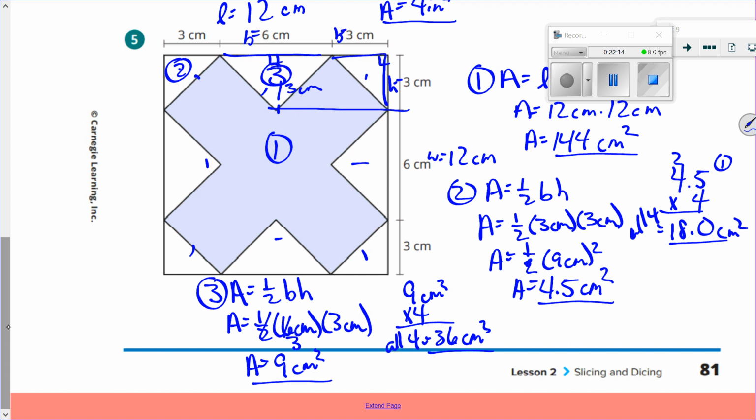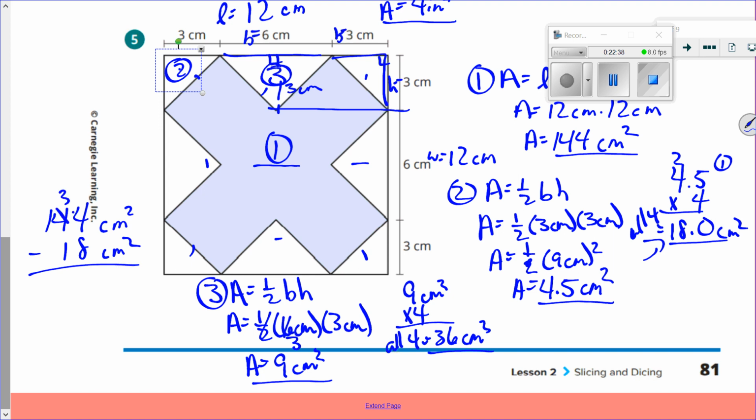Okay, so the way that I decompose this figure, I said the whole thing was 144 centimeters squared. Is everybody good with that one? Then I took out the 4 small triangles. That area right here was 18 centimeters squared.